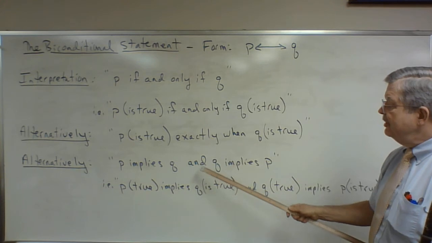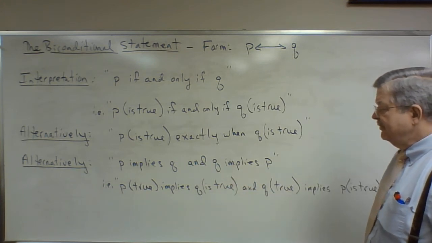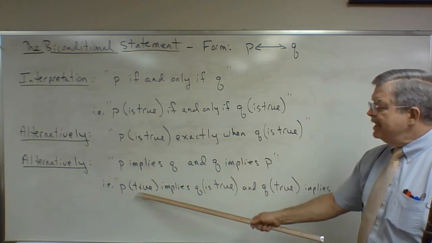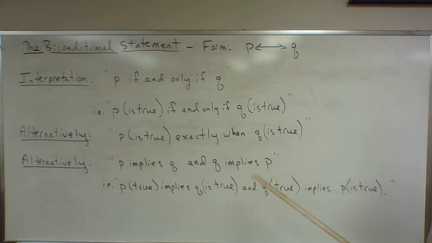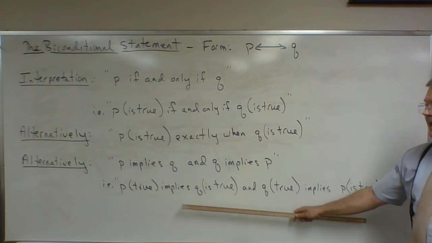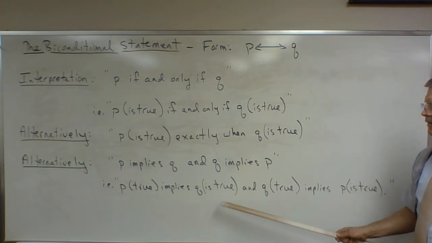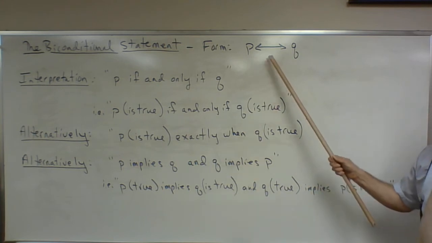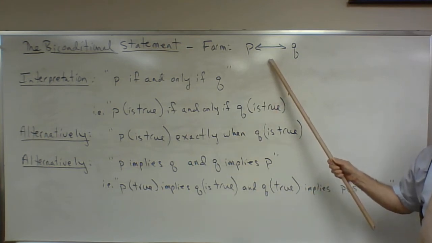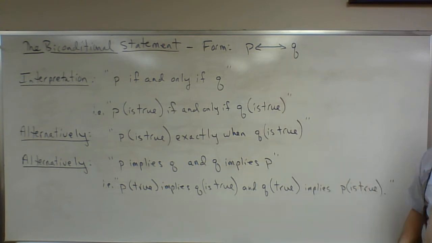P implies Q and Q implies P. In other words, P being true implies that Q is true, and Q being true implies that P is true. And this last interpretation will help us get the truth table for this biconditional statement very easily.